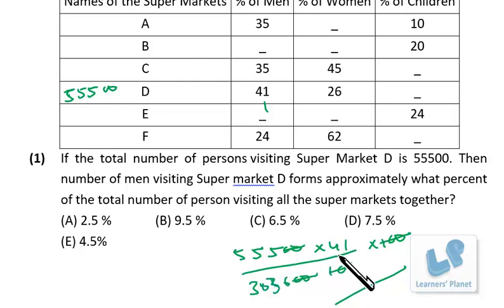500 into 40, that is 20,000. So this extra 55 and this extra 1, that will make something more than 2,000, right? So it is approximately, the numerator is approximately 22,000. And denominator is approximately 3000. So if we cancel it out, the figures we will be getting is 7 times and some more around that, right?